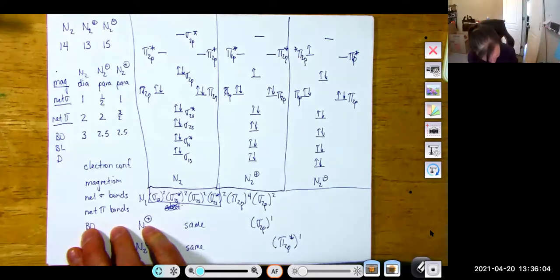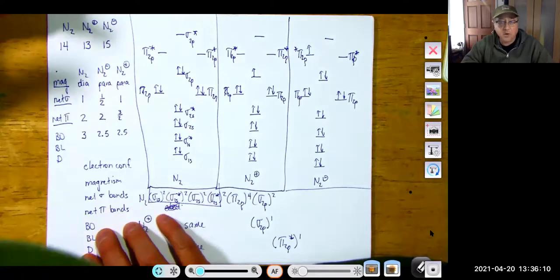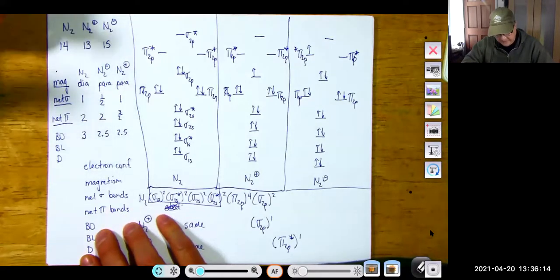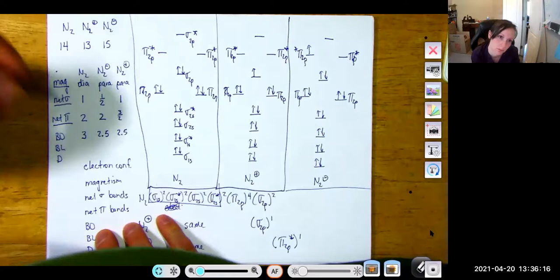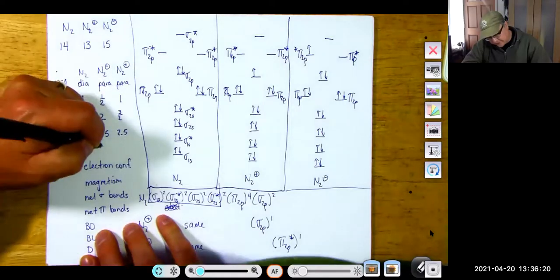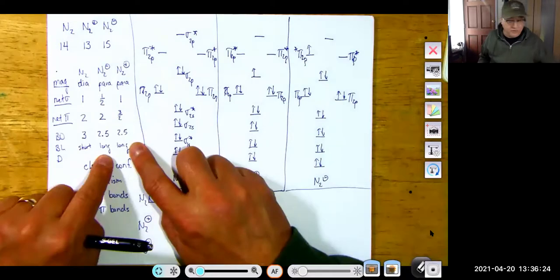Okay. Now, bond length, we know that the more bonds you have, the shorter your length, right? So I'd expect this to be the shortest and these two to be the longest. Now, why are these two the same length? Because they're both a 2.5 bond order.